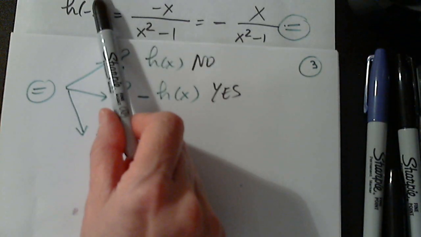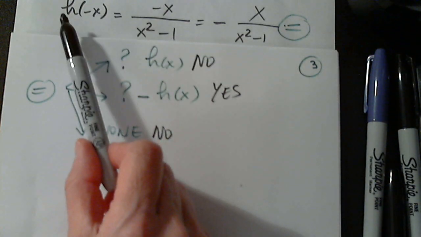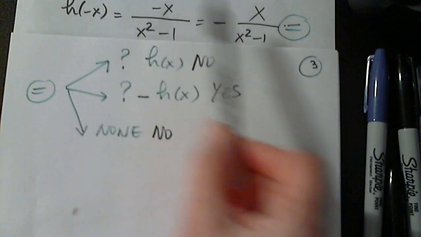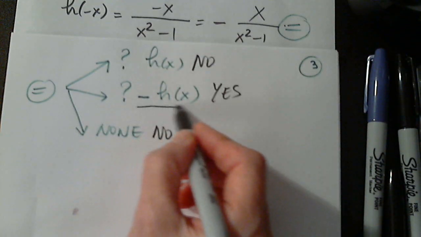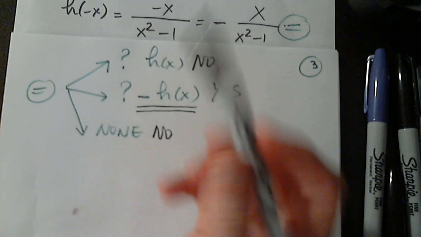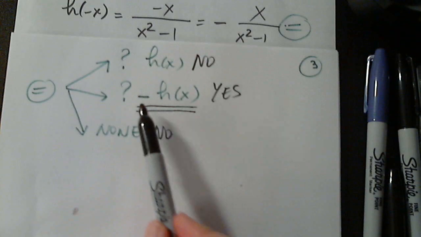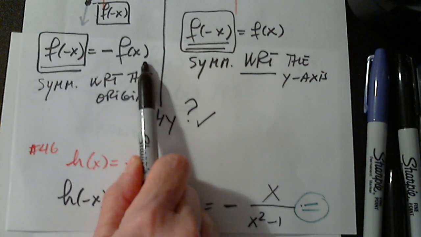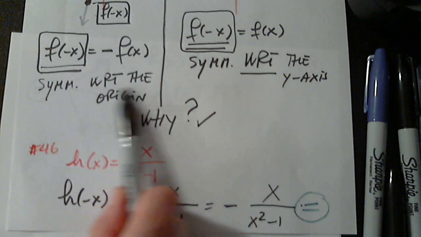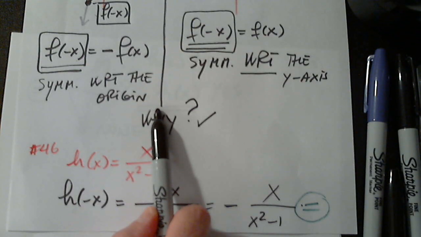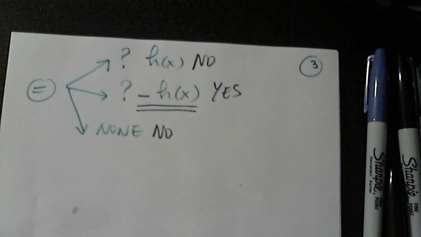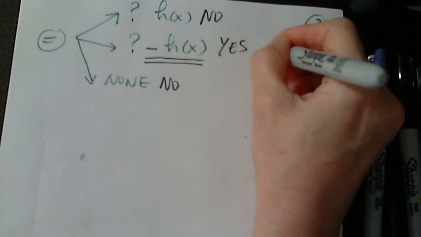Because this is h of x, and it turns out that h of negative x is negative or the opposite of the original function. Exactly what I see here. So h of negative x equals negative h of x. Therefore, the function is symmetric with respect to the origin. And it's an odd function. So we will write odd.